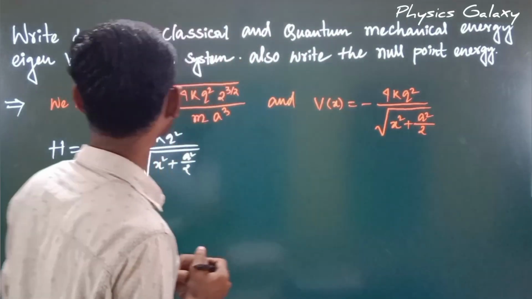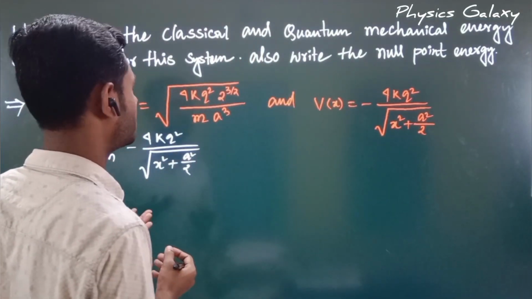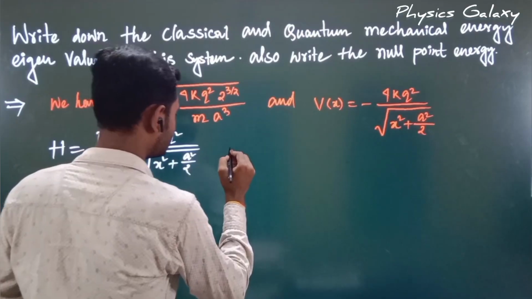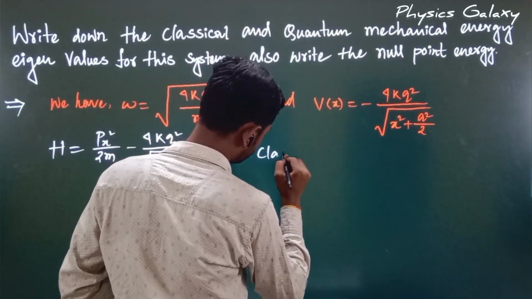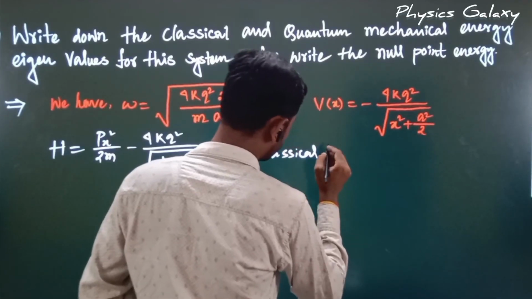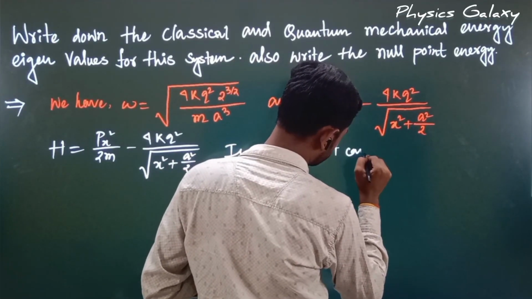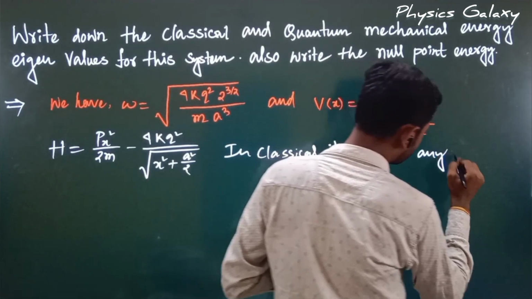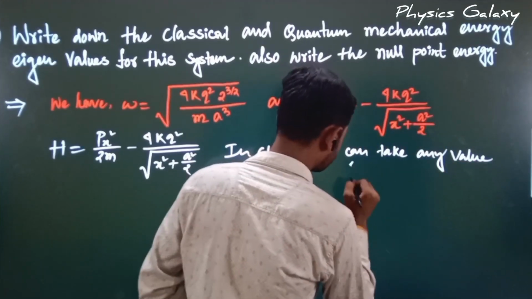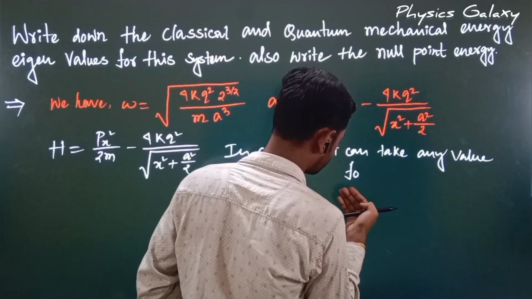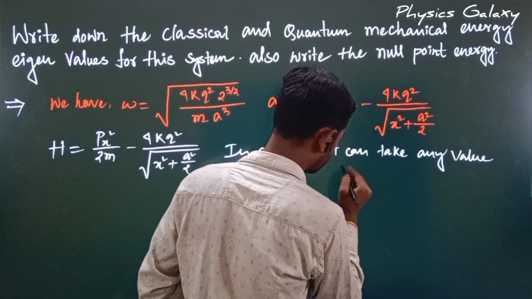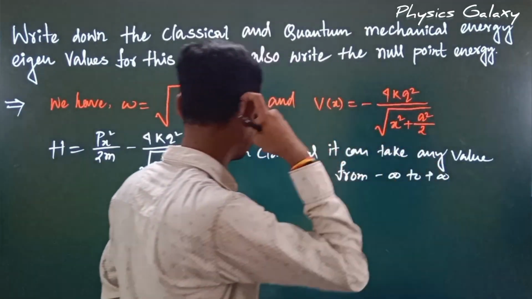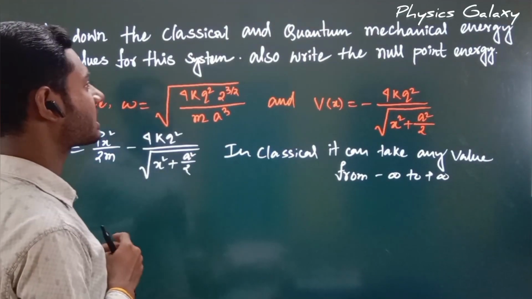It can take any energy eigenvalue in classical, so in classical it can take any value from minus infinity to plus infinity. Okay, so this is the classical Hamiltonian.